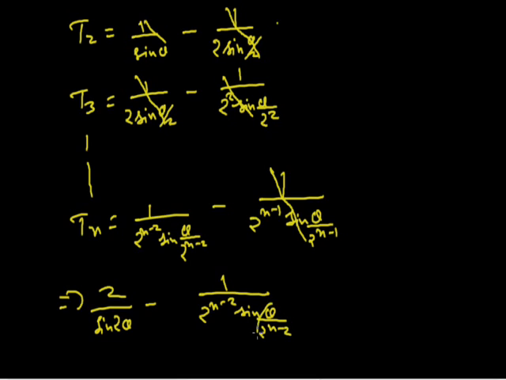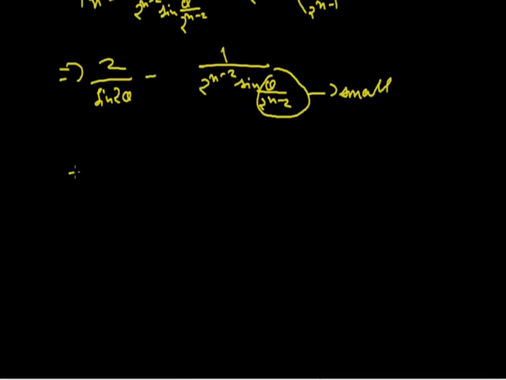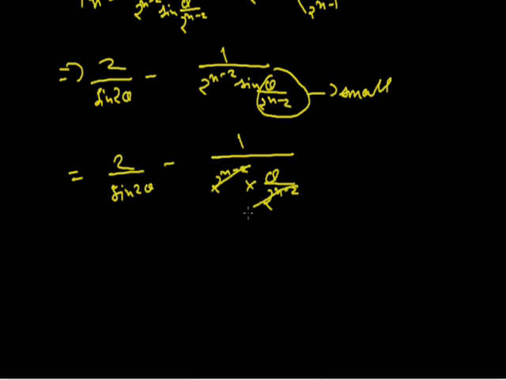As we know that theta upon 2^(n-2) will be a small quantity, sin(theta/2^(n-2)) can be written as theta upon 2^(n-2). Therefore 2^(n-2) cancels with 2^(n-2), and it will become 2 upon sin 2 theta minus 1 upon theta. Answer.